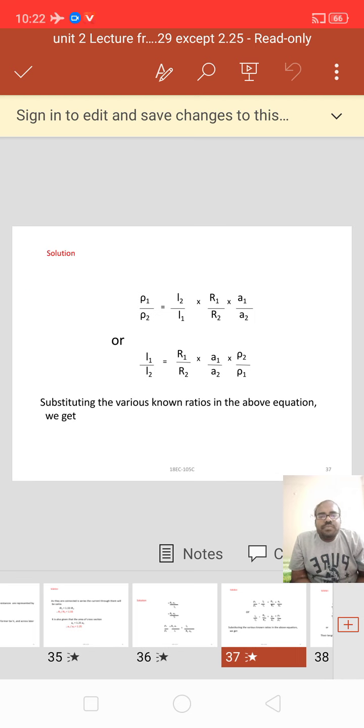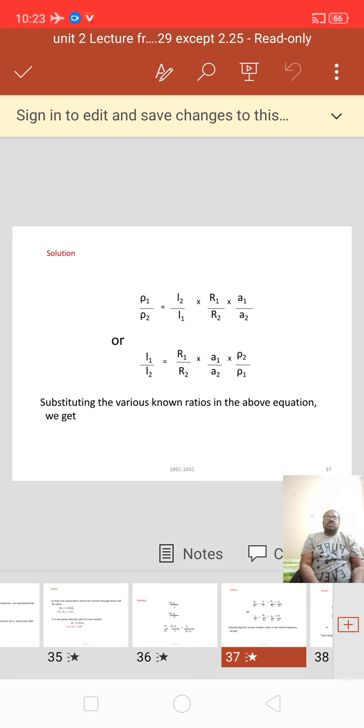Now by arranging all these items, we get rho 1 by rho 2 equal to L2 by L1 into R1 by R2 into A1 by A2, or L1 by L2 equal to R1 by R2 into A1 by A2 into rho 2 by rho 1.